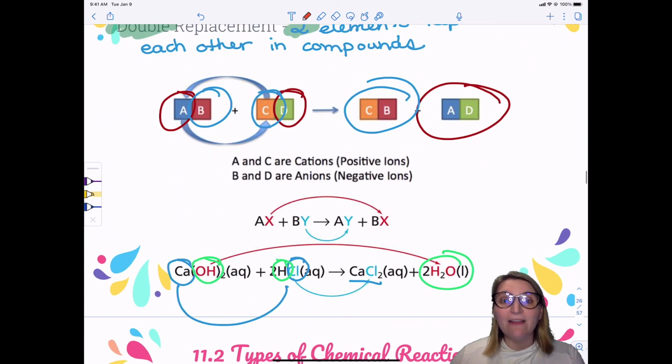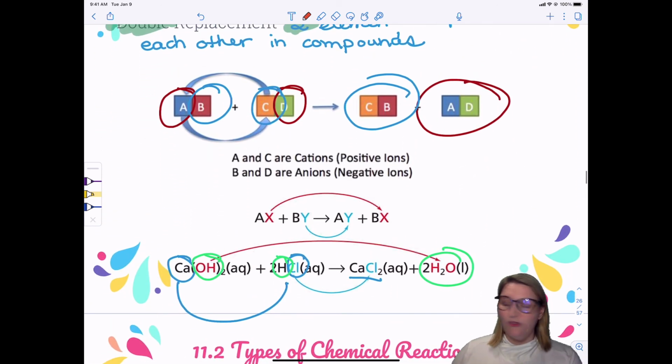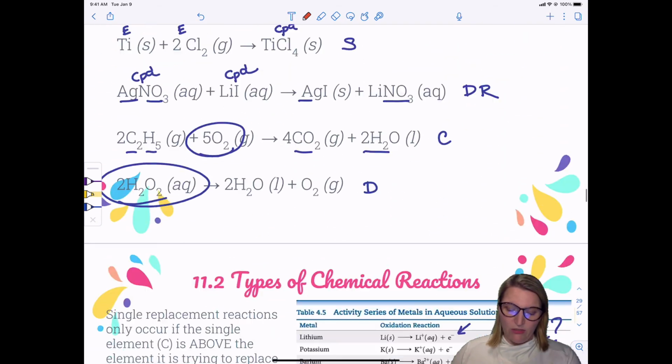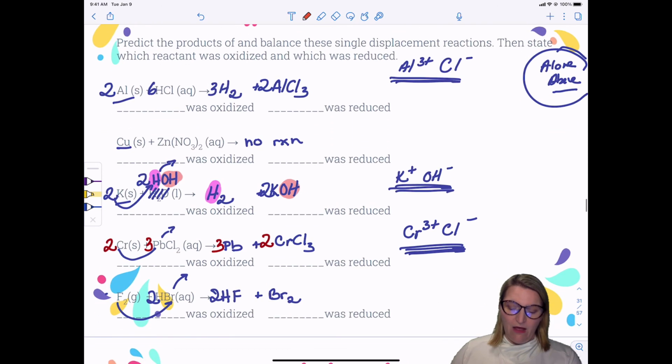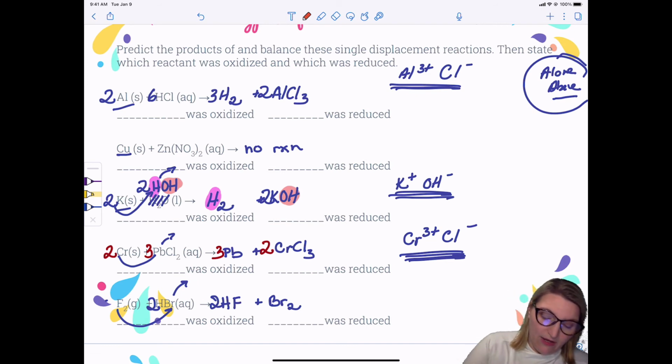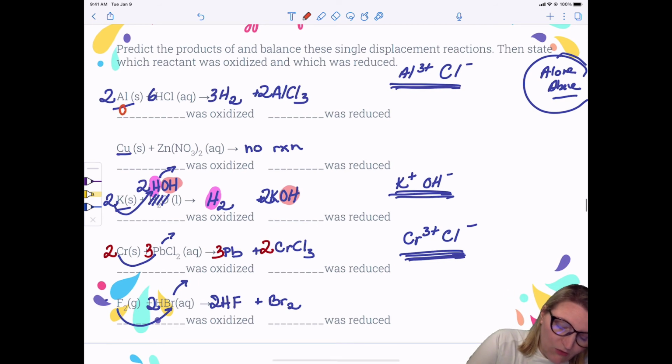Double replacement reactions, there's no electrons being transferred. So in double replacement reactions, we're just not going to see any examples of oxidation reduction. But this was the case with all of the single replacement reactions. And so all of these, we should be able to figure out who was oxidized and who was reduced. Again, aluminum starts out as being neutral.